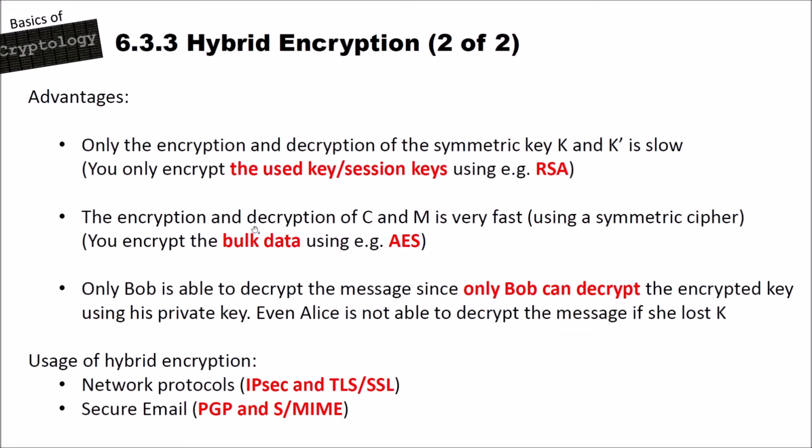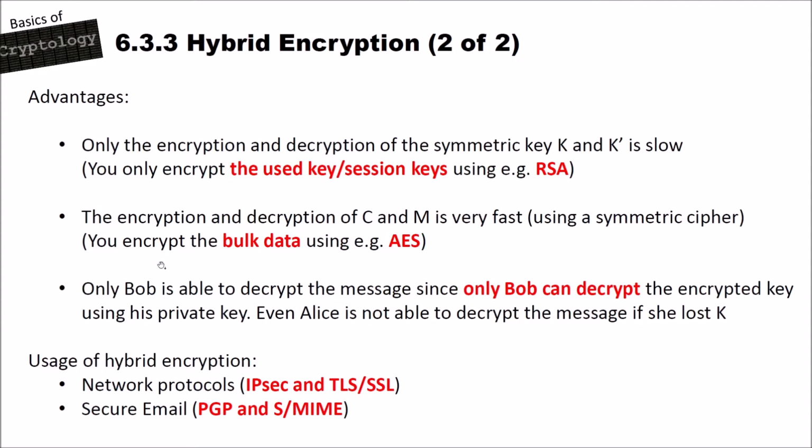We speak of encrypting the bulk data in that case using, for instance, AES. Another advantage is that only Bob is able to decrypt the message, since only Bob can decrypt the encrypted key using his private key. So even though we used a symmetric cipher, only Bob is able to decrypt it.